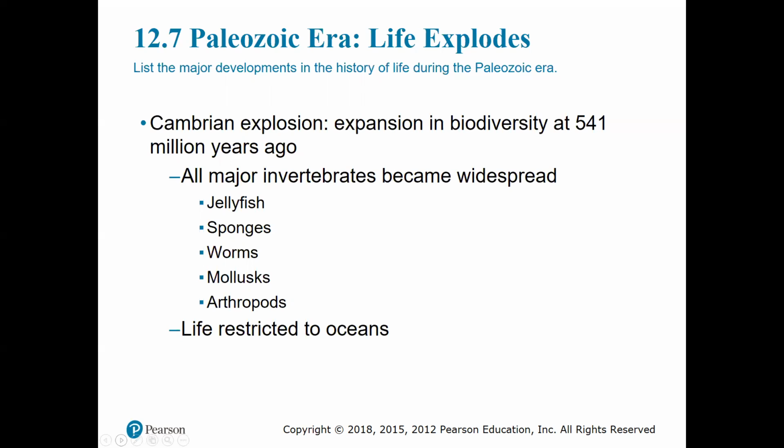Then, as we moved into the Ordovician period, we see the cephalopods, which are the ancestors of modern day squid and octopus. We got a lot of diversification because we started to see the emergence of predatory lifestyles.